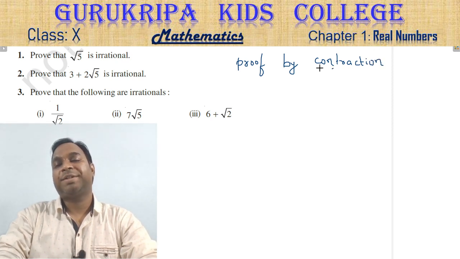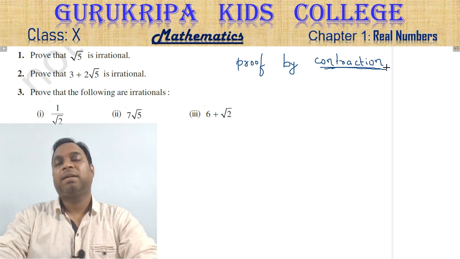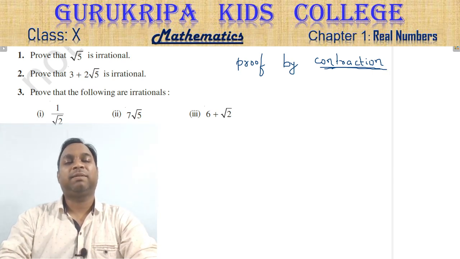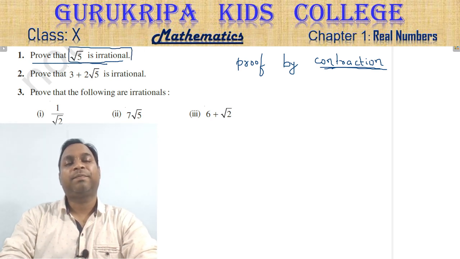What does the word contradiction mean? Contradiction means to negate something, to say something opposite of what is there. So contradiction here means we will say that whatever is given in the question, the statement, is wrong. Square root 5 is irrational, we will say that this is wrong.